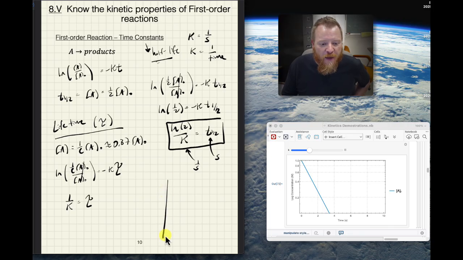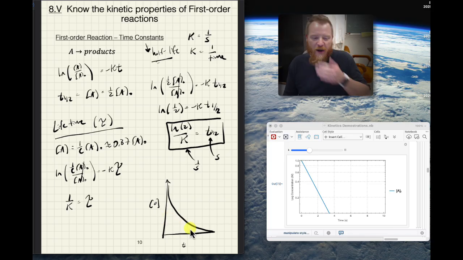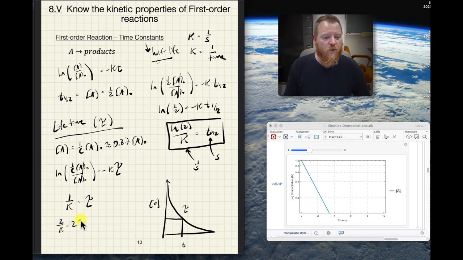So 1 over k, just 1 over the rate constant, gives me the lifetime. And if we think about how that corresponds on our plot here, if we were looking at concentration versus time, and we get these decays right here, a half-life takes us to 50%. Another half-life would take us to 25%. Another half-life would take us to 12.5%, and on and on. If we think of this as lifetimes, however, 1 lifetime, that would be tau, gets us about 37%. 2 lifetimes, 2 tau, so I'm just going to say 2 over k equals 2 lifetimes.